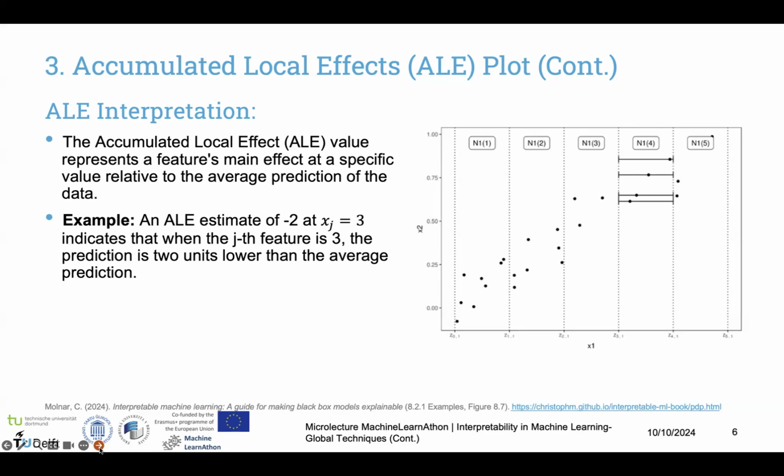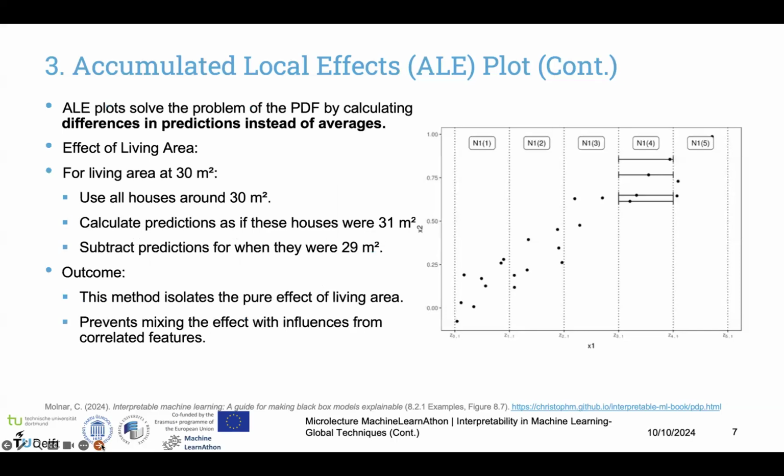That means that when the feature xj is 3, the prediction is 2 units lower than the average prediction of the machine learning model. If it's a +2, it means that it's higher than the average prediction by 2 units. So this is how we can interpret the value of the accumulated local effect.